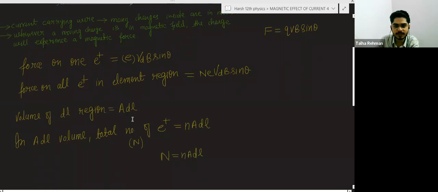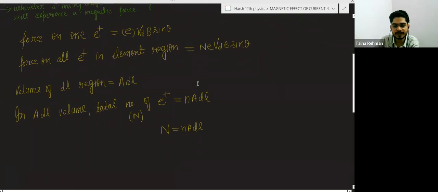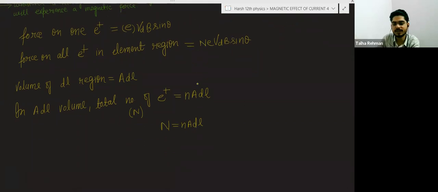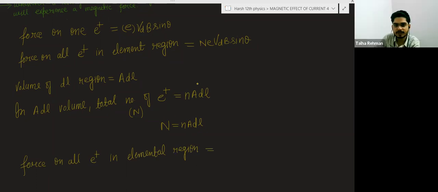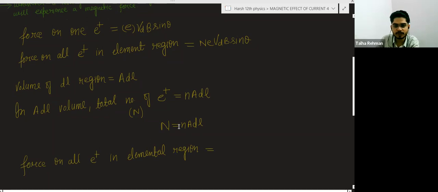So now you can put the capital N here. You will get the total force in the dL region. So force on all e positive in the elemental region: you will put this value of N in this formula.